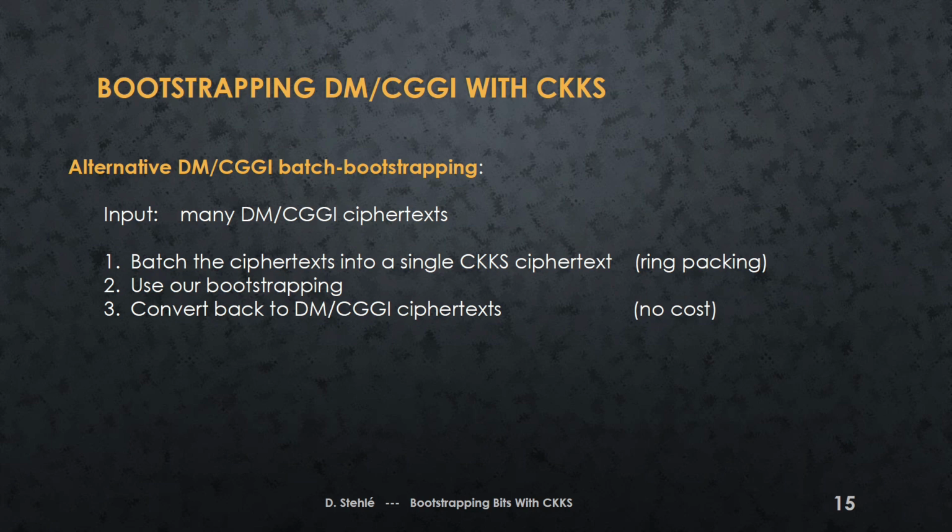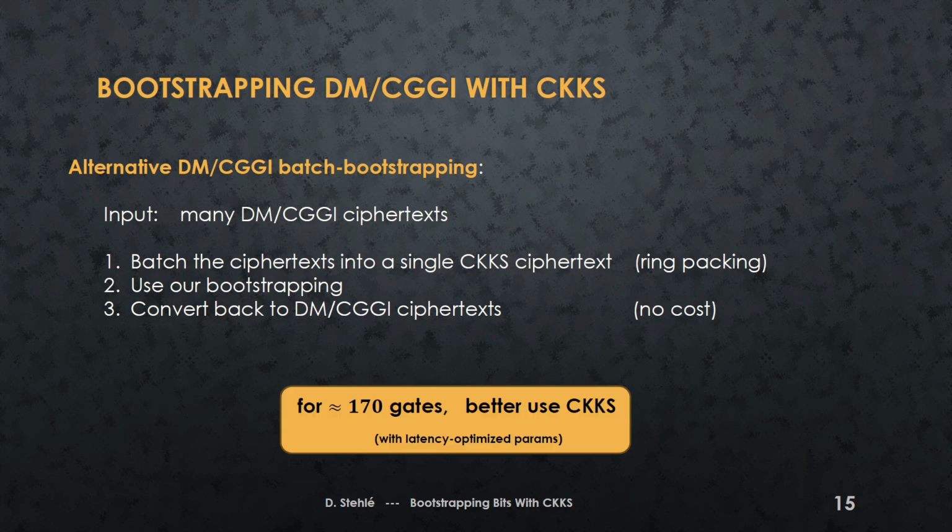Okay, so that's the experiment that we do. It turns out that for the parameters that we optimized for this, if you have about 170 DM-CGGI ciphertexts to bootstrap, you had better use CKKS. So below 170, just use DM-CGGI. Above 170 gates, switch to CKKS to make it faster.